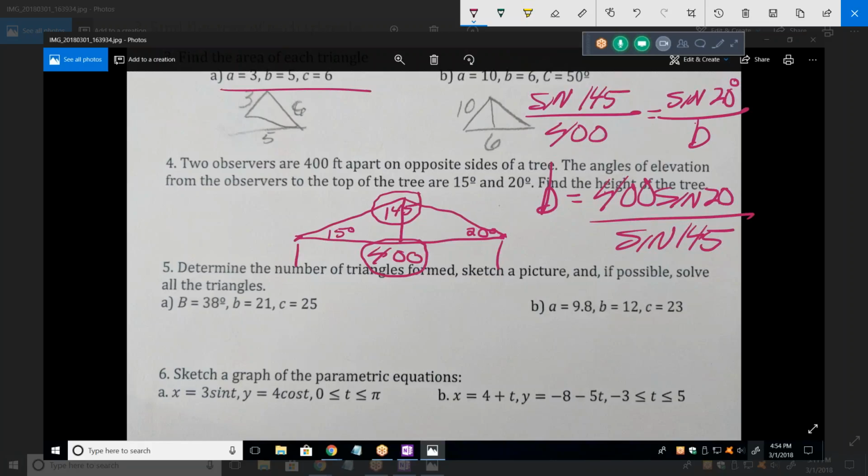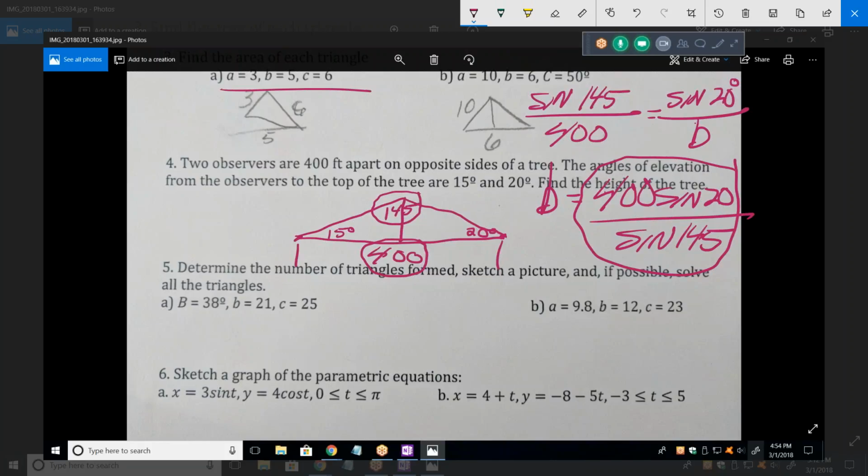As soon as we get this number, we're just one step away from being done. You should be able to do that in one step on your calculator. You type 400 sine of 20 divided by sine of 145. The reason it was taking me so long is because I was writing it out too.